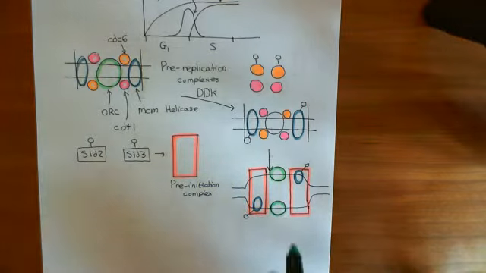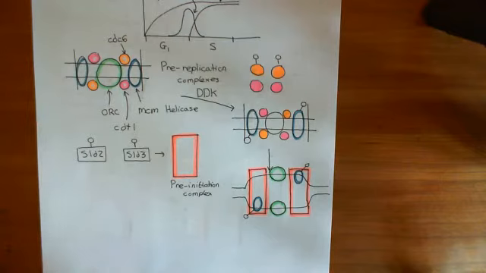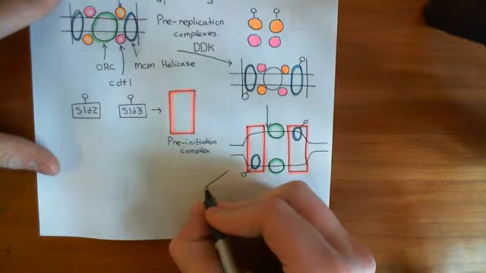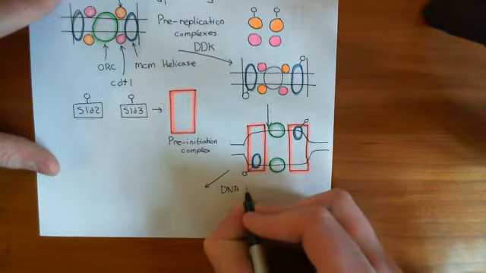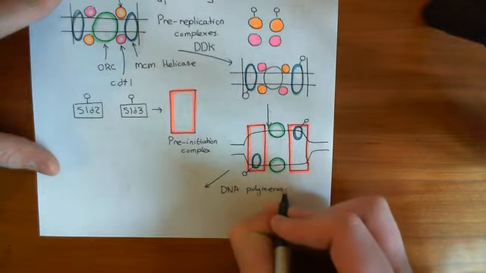And what can now happen is that DNA polymerase can come in here and begin the process of replication, basically. So what will happen is that DNA polymerase will come in. So let's say this is DNA polymerase. It will come in and it will basically begin the process of copying the DNA.